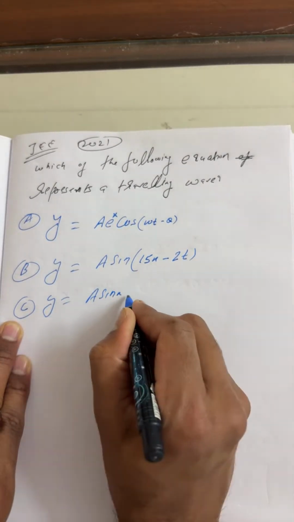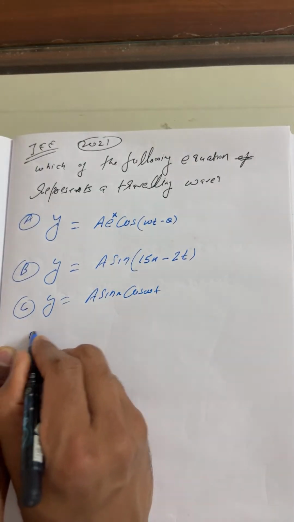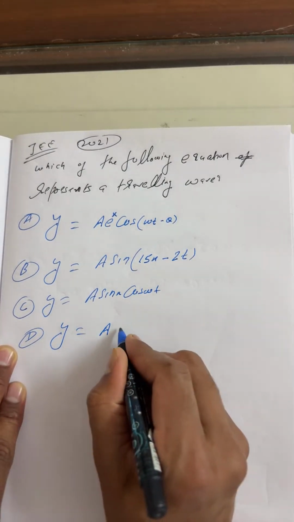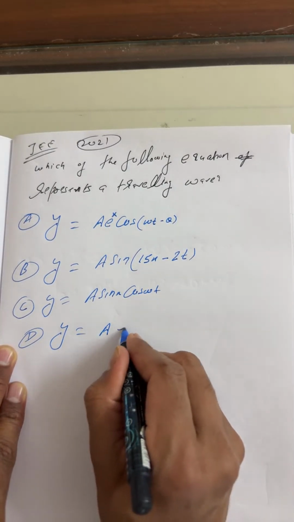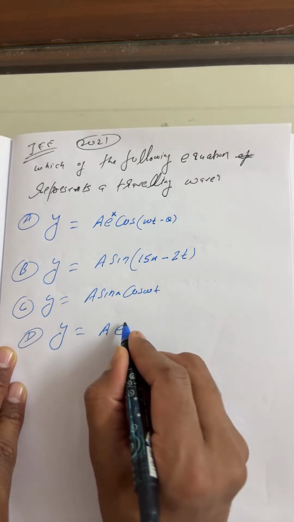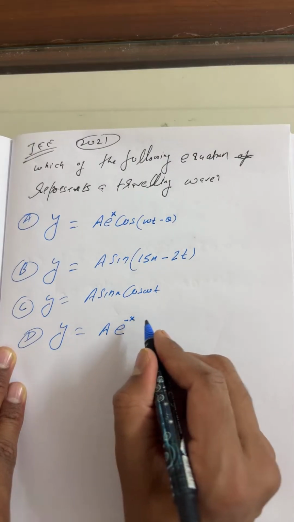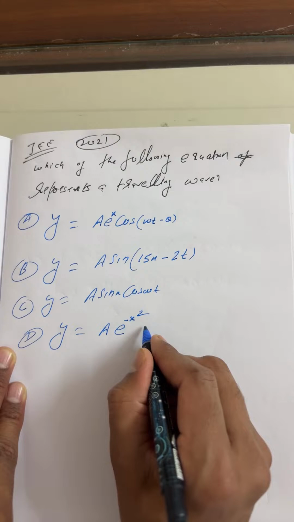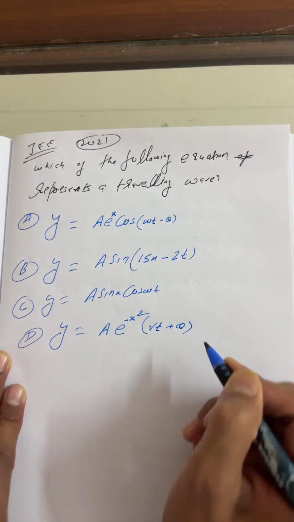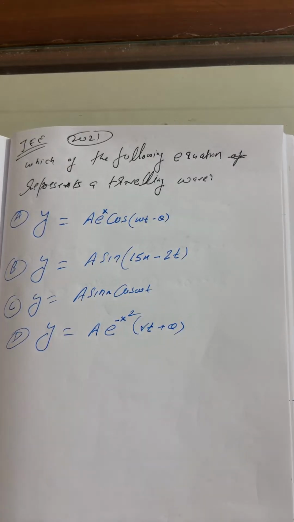Y is equal to a sine x cos of omega t. Last, y is equal to a e to the power minus x square, vt plus theta. Which of the following equations represents a traveling wave?